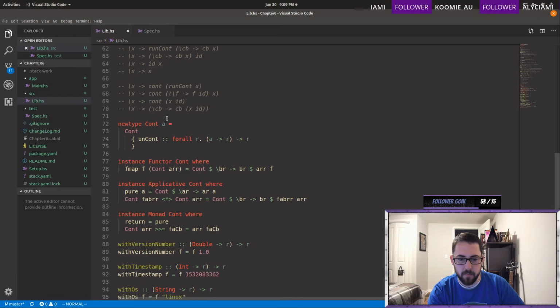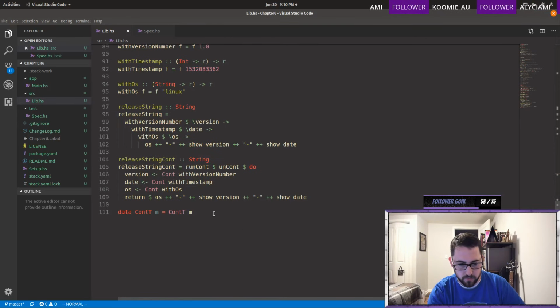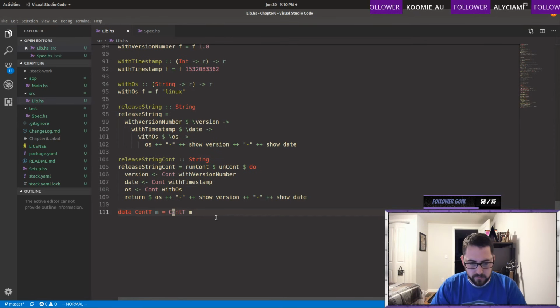So we need an M and an A? Where does the M go? Does the M go in here? Is it going to be A to R to MR? I wish there wasn't the actual instance. So I think it's like this.